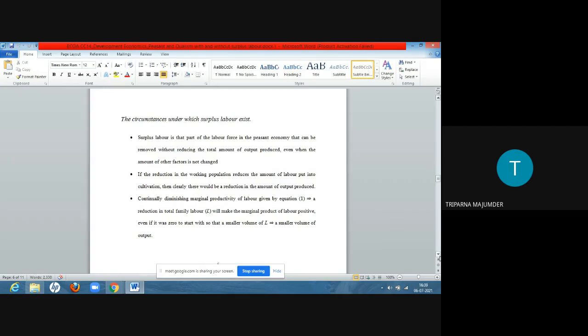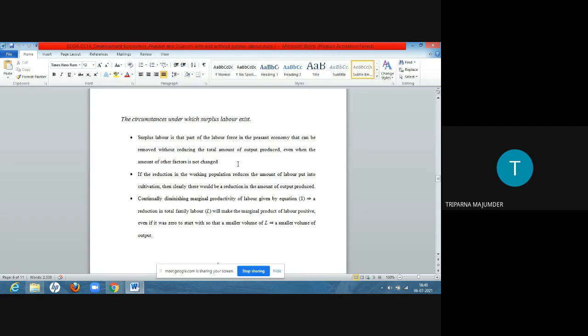We have gone through their definitions a number of times, but here also we say surplus labor is that part of the labor force in the peasant economy that can be removed without reducing the total amount of output produced, even when the amount of other factors is not changed.